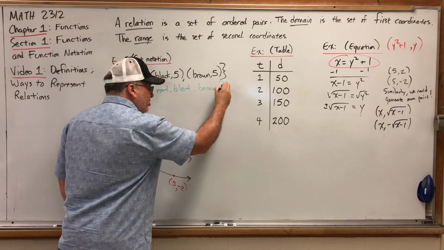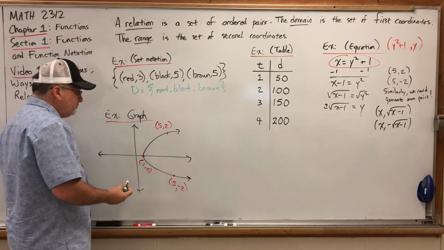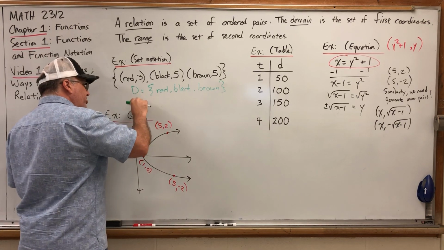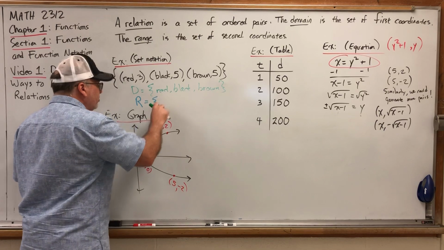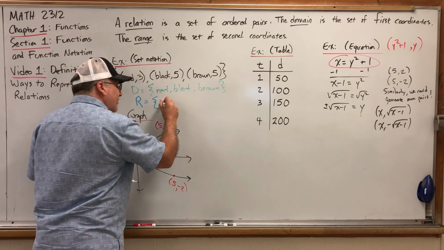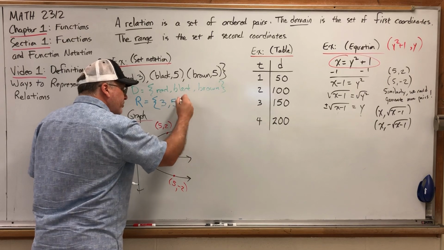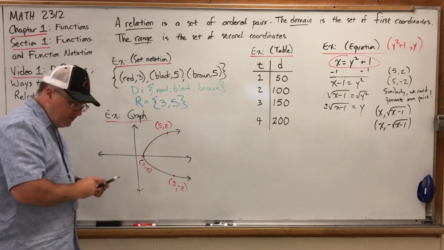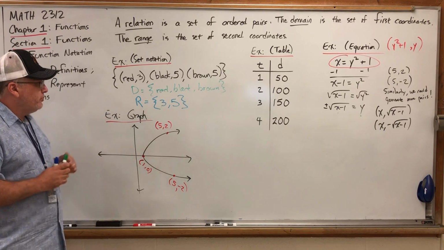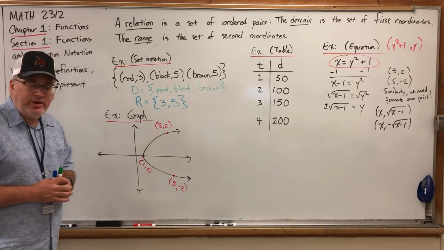Not sure if that marker's coming across pretty clear. Let's try this blue one. The range is just the set of second coordinates, which in this relation are 3, 5, and 5. However, there's no need to repeat a value because it's redundant. Our second coordinates are 3 and 5. So domain and range is easy to pull out from a set of ordered pairs.